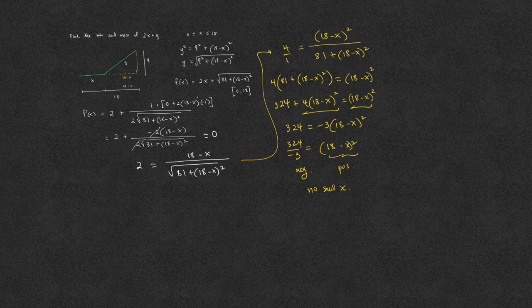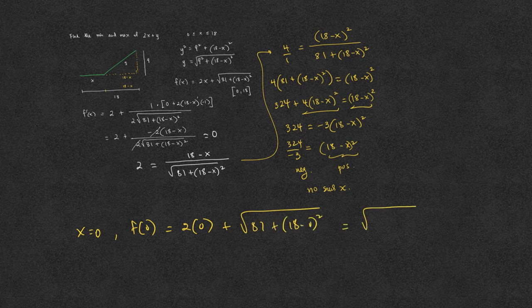When x equals 0, f of 0 is 2 times 0 plus the square root of 81 plus (18 minus 0) squared, which is the square root of 81 plus 18 squared, or the square root of 99.